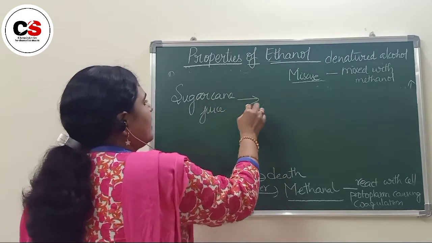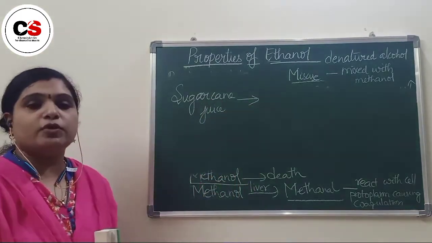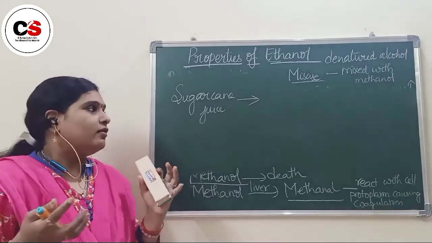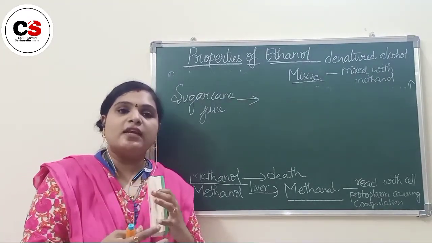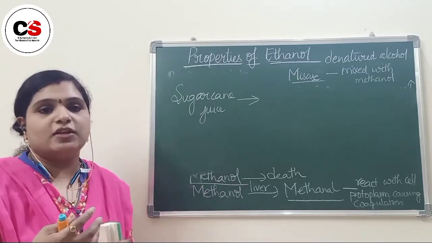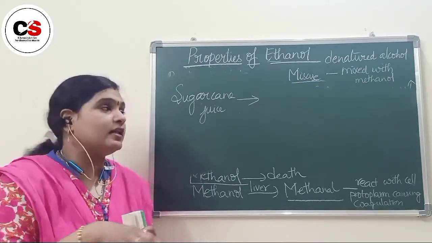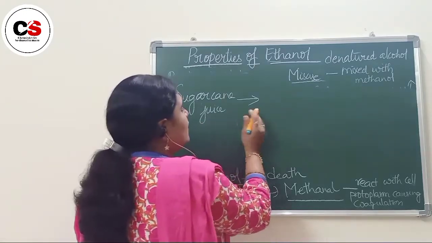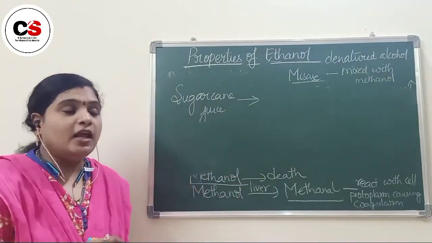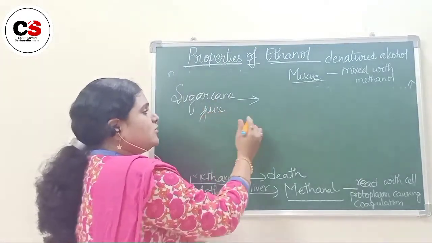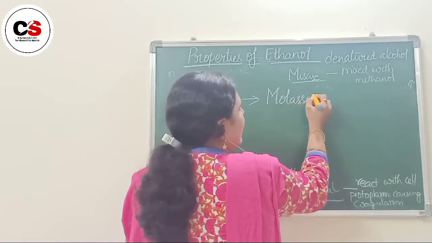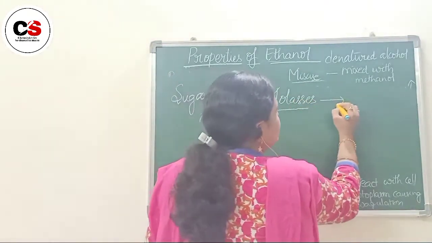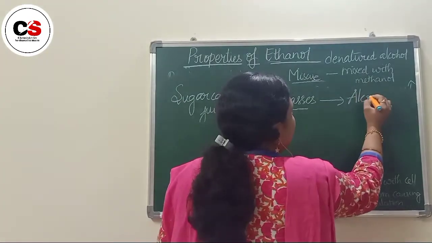Because sugarcane plants are efficient in producing food material. That means they will effectively convert sunlight into chemical energy. So they will form so much food material, and sugarcane juice is used in the preparation of molasses, and molasses on processing will give ethyl alcohol.